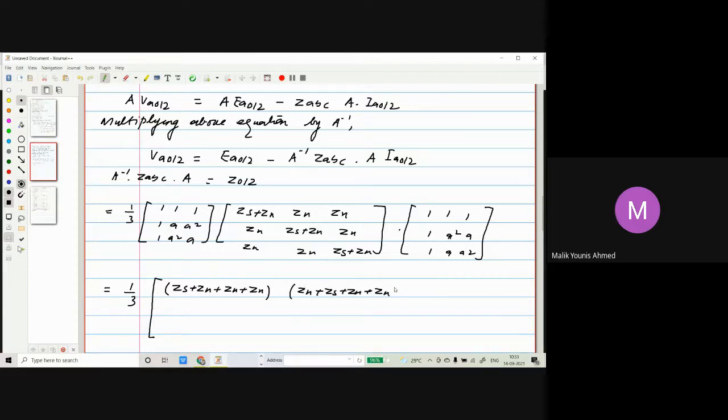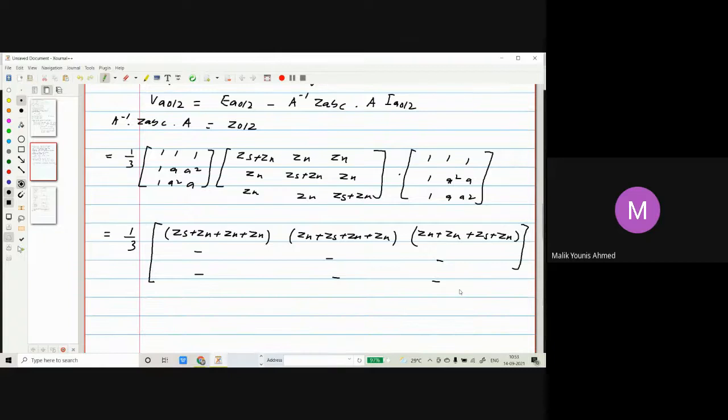Similarly, we will have Zn plus Zn plus Zs plus Zn. The same entries will be here in a similar way. I'm not writing that; you can do that later. It is multiplied by this matrix, 1 1 1, 1 A square A, 1 A A square.